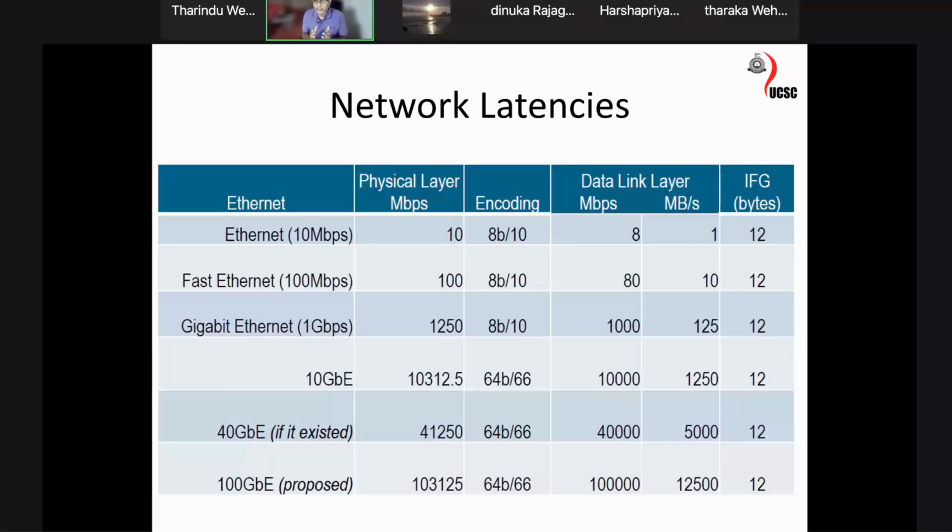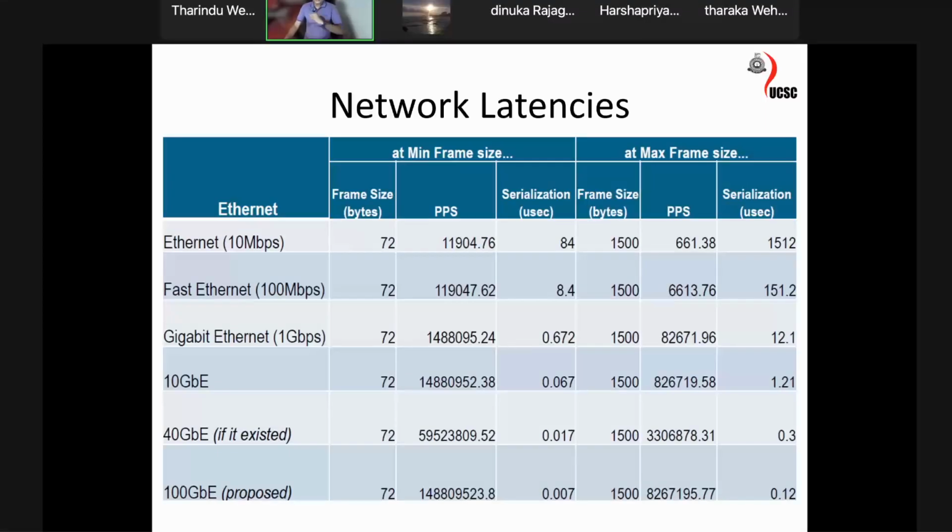You can understand it from this slide as well. Theoretically, different layers define different bandwidth sizes based on the standardization. And this is the diagram I can show you to explain the serialization delay. So 10 Mbps bandwidth, with the frame size, the layer 2 packet size.